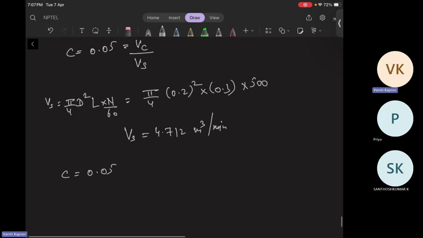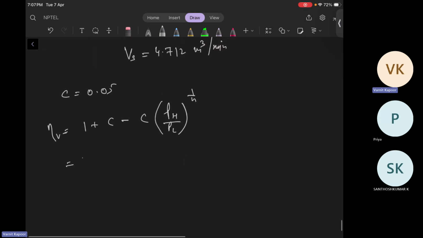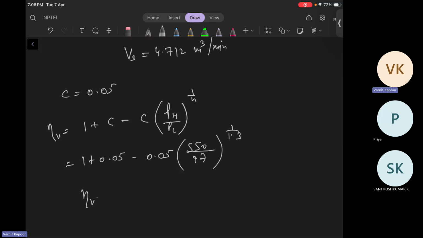Let us first find the volumetric efficiency. 1 plus C minus C, (P higher by P lower) power 1 by n. So 1 plus 0.05 minus 0.05 times (P higher is 550, P lower is 97 kilopascal) power 1 by 1.3. So from here, your volumetric efficiency will come out to be 86%. That is your answer.